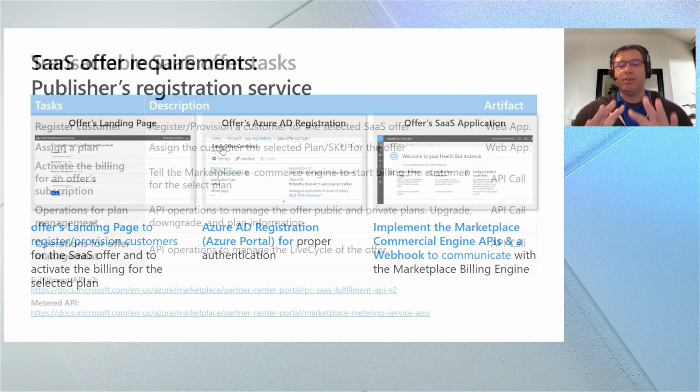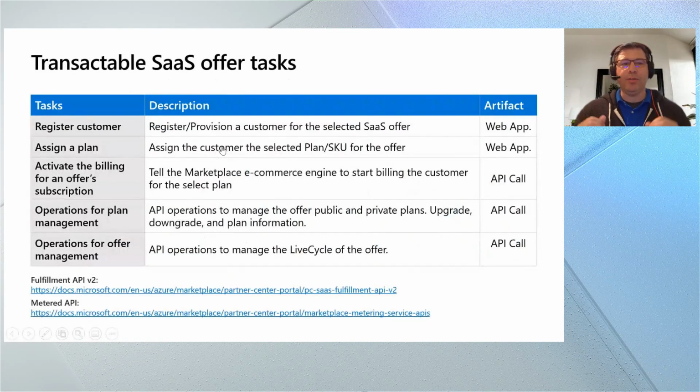To summarize all that, when you create a SaaS offer, you're going to need basically two main artifacts. You need a place where you're able to register the customer. You need a place where you can assign plans so the customer has the ability to register for your service and activate it.